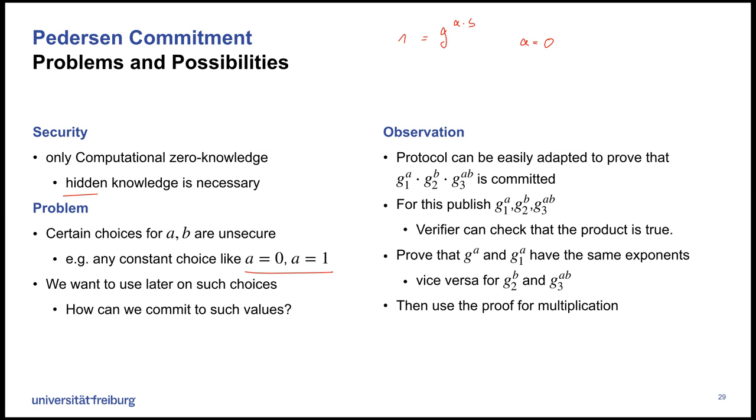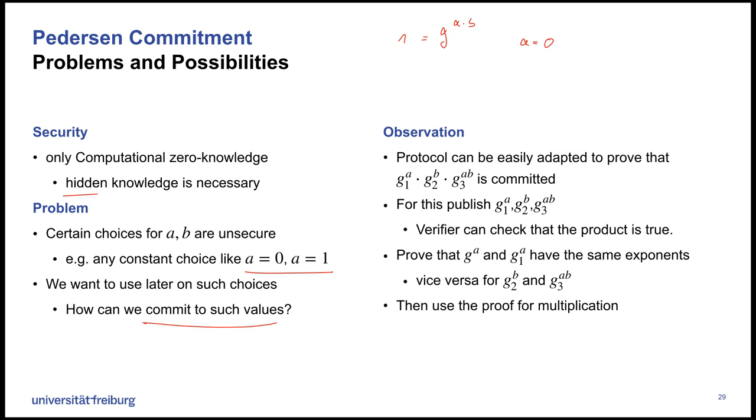So we want to have secrets which are arbitrary and maybe even 0 or -1 or 5 or something. And this is something you cannot do if you're doing that. So that's the first thing. So how can we commit to such values, and how can we do zero knowledge proofs of that? This is a problem that you have to solve.